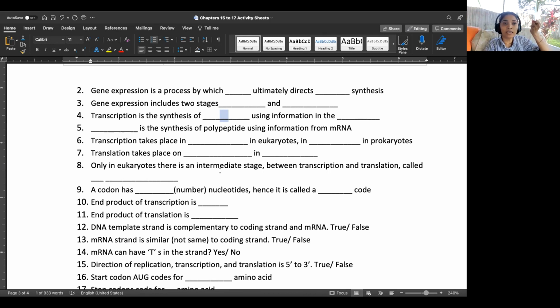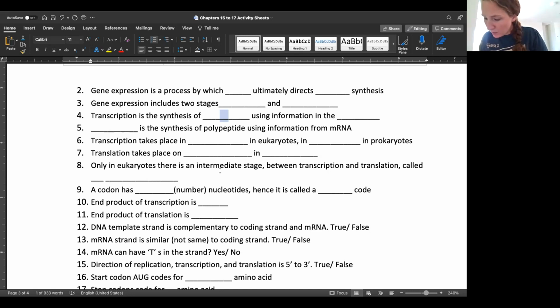One polypeptide example is insulin. 4 polypeptides in one protein is hemoglobin. Heme is iron. Okay. Continue, Brittany.